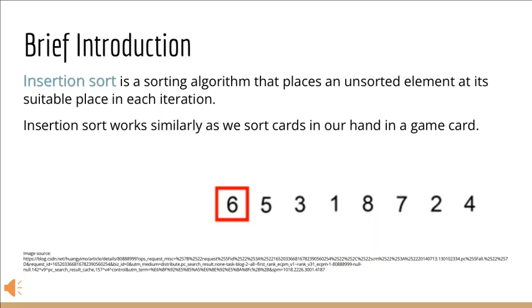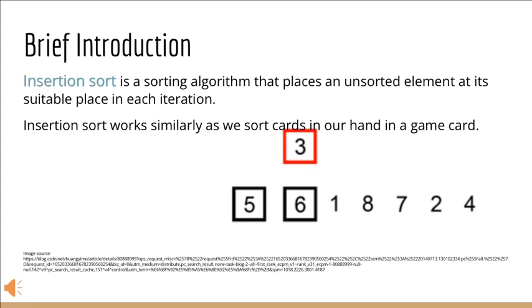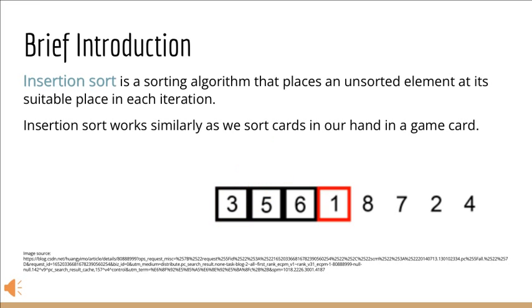Okay, let's go to the first part of our video, which is a brief introduction about the insertion sort. The insertion sort is a sorting algorithm that places an unsorted element at its suitable place in each iteration. The insertion sort works similarly to how we sort cards in our hand in a card game.